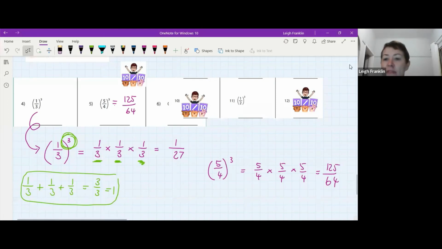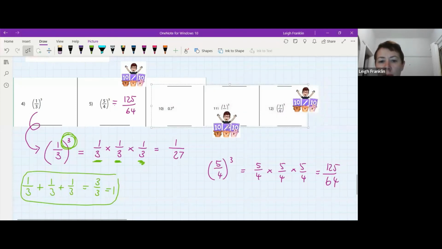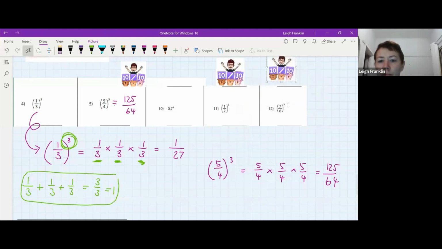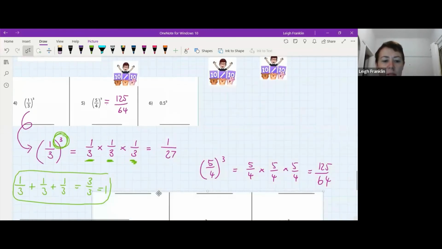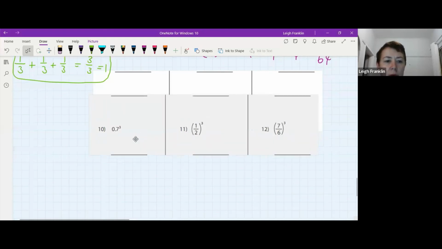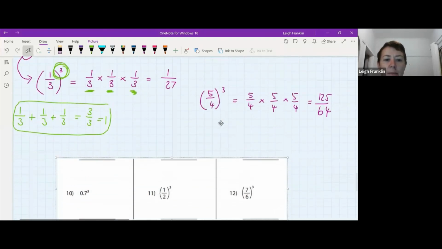Okay, well done. And then one last one that I wanted to ask you about. Do you think that we can cube decimals? Have a look here at number 10. I'm going to try and make it a little bit bigger. Look at number 10.